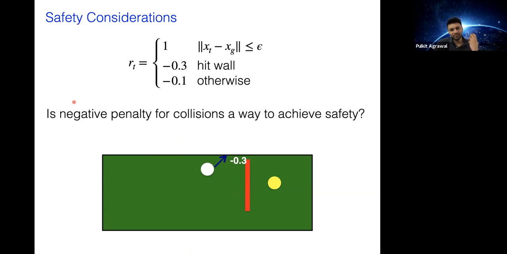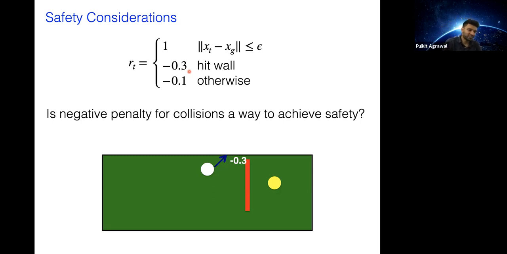So while we are at this, one question I could ask is: I put this penalty, for example, minus 0.3 for hitting the walls, right? So it should discourage the agent from hitting the walls.